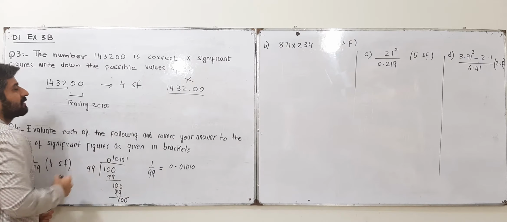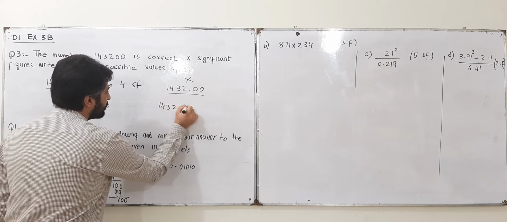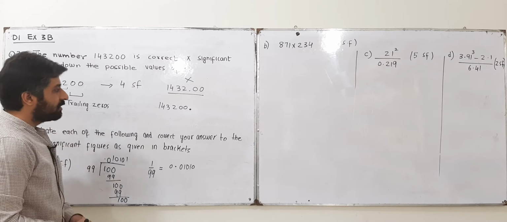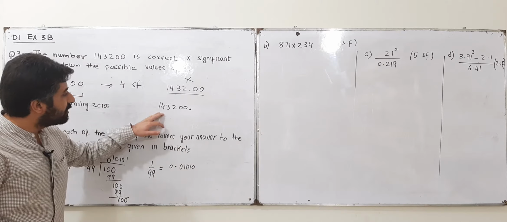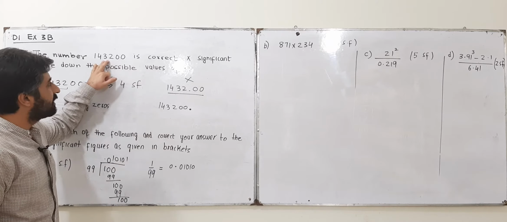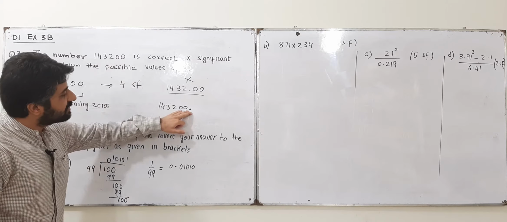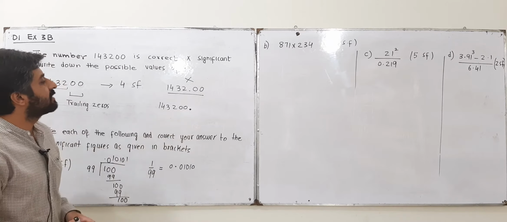Now what is next? Suppose you have 143200 and I have a decimal at the end. By putting the decimal at the last, the value of this number is the same as the given number. So you can insert a decimal at the last place.